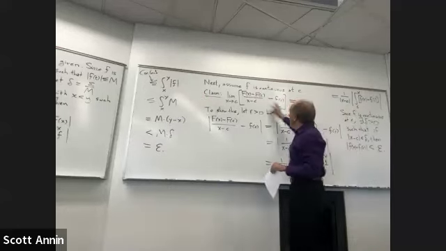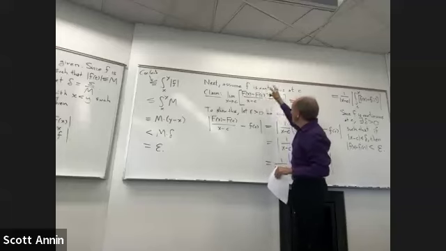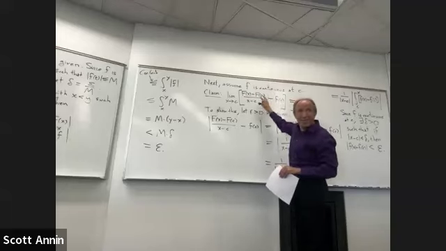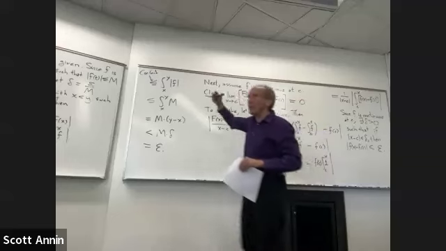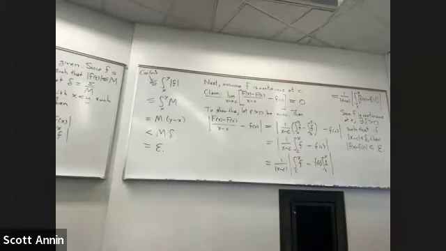Okay, so we've shown now that this difference is less than epsilon for all epsilon greater than 0, all fixed values of epsilon. For every fixed value of epsilon, I can make this number less than that epsilon. So if I can do that for every epsilon, then that means that this number is 0, right?